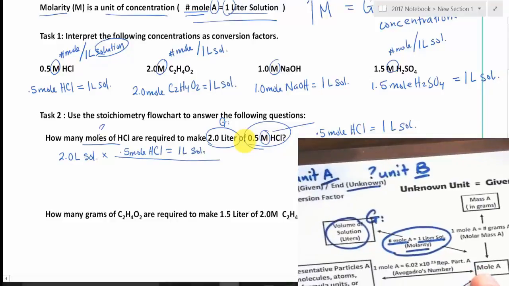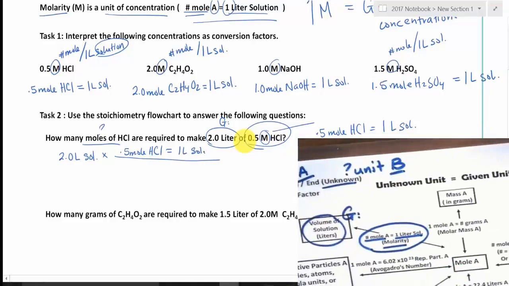Isn't that easy? And that's all it is. So let's rewrite this as a fraction. So we have 2.0 liter of solution times, notice how this is liter of solution, so the liter of solution goes on the bottom, which is 1 liter of solution. And what's on top? The leftover part, which is 0.5 mole of HCl.